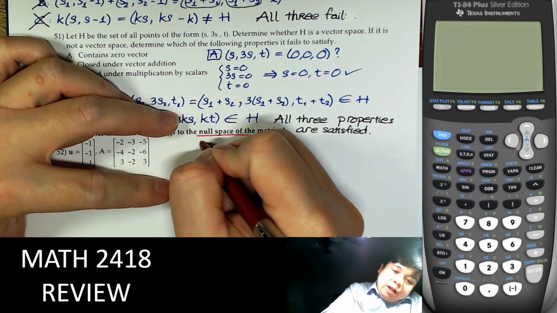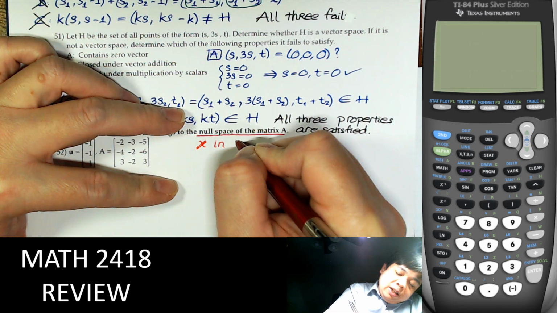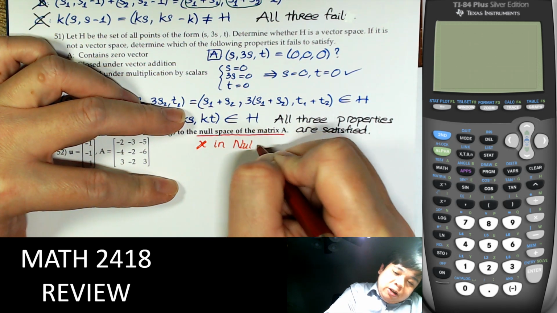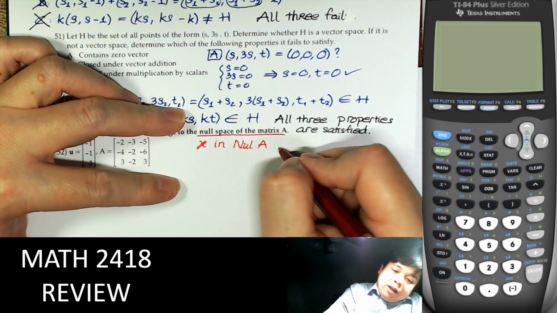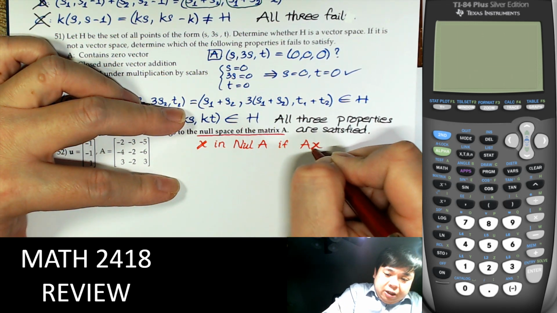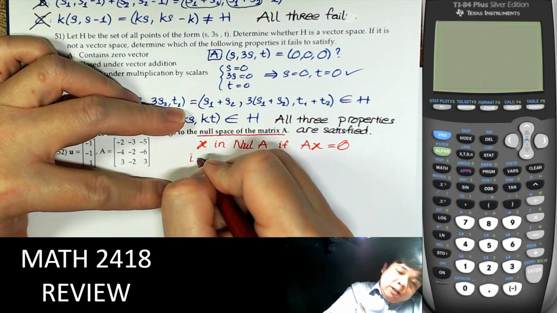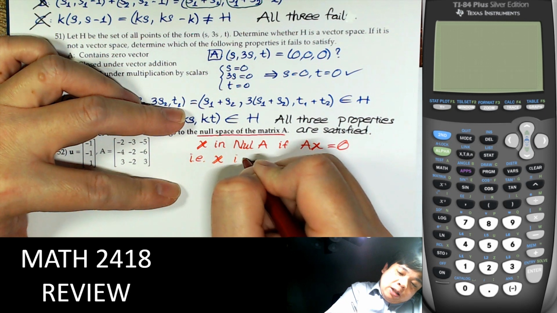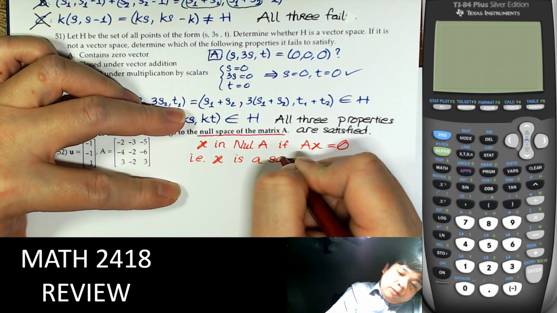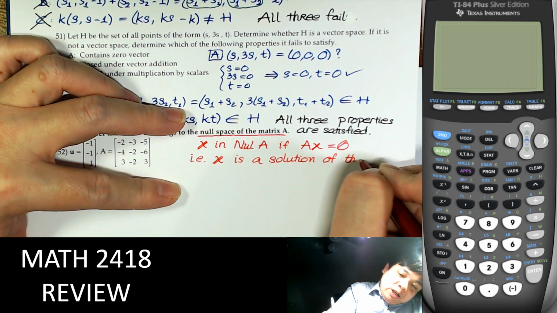So we say X is in the null space of A, just say NUL of A, if we take A times X and we have a 0 vector, meaning X is a solution of the homogeneous system.